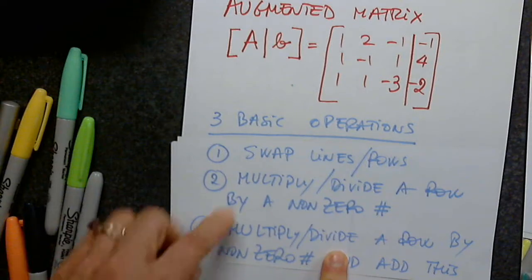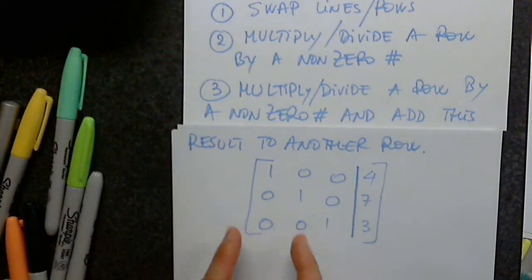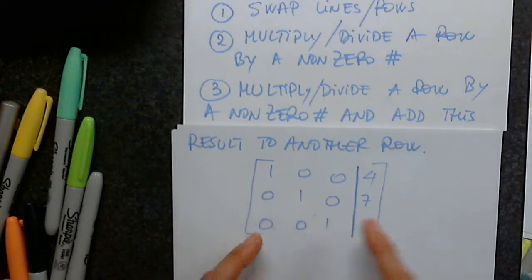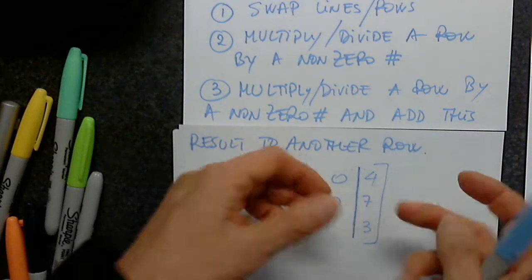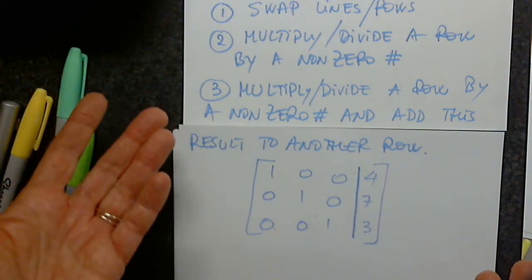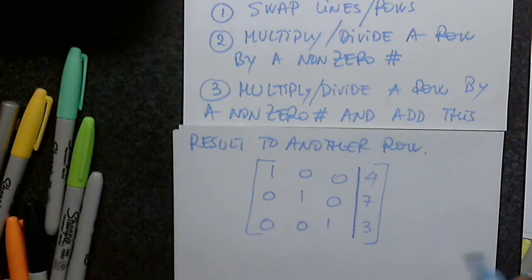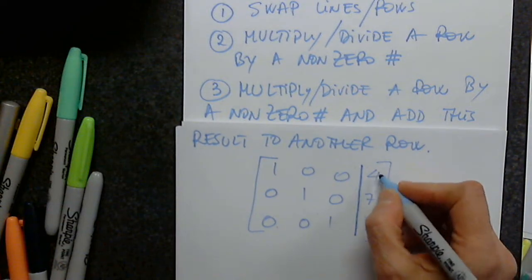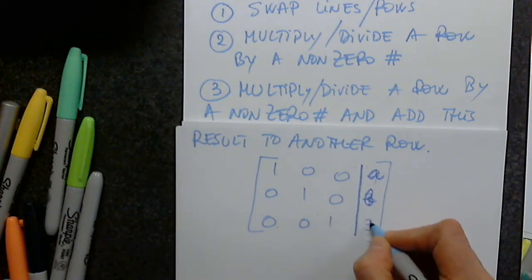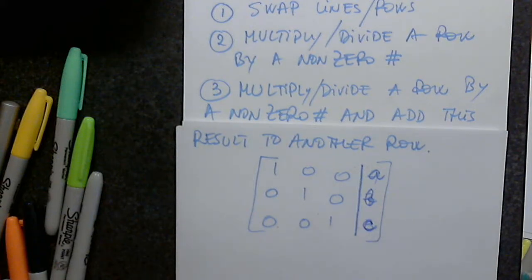I'll show you how, to eventually get this: 1, 0, 0, 0, 1, 0, 0, 0, 1. And I'm just making this up. I don't have the answer to the system, so I'm going to put A and B and C here, not to confuse you, because I have no idea what the answer is going to be.